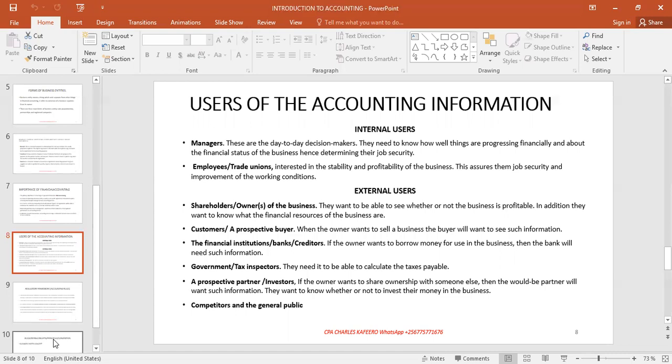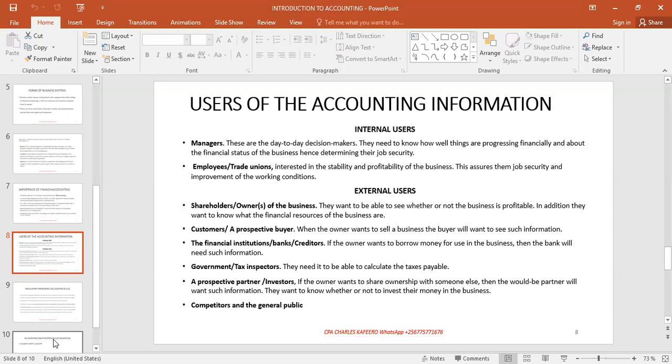Their interest. That's why when you say, for internal users, we have the managers. These are the day-to-day decision makers. They need to know how well these things are progressing financially.